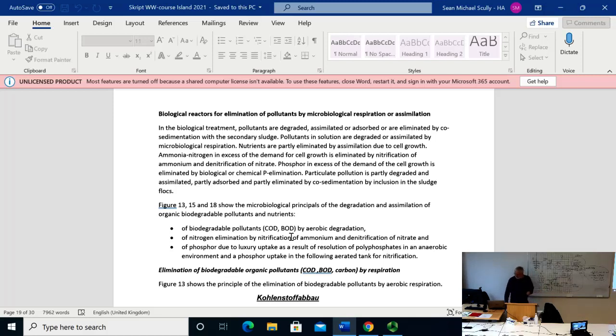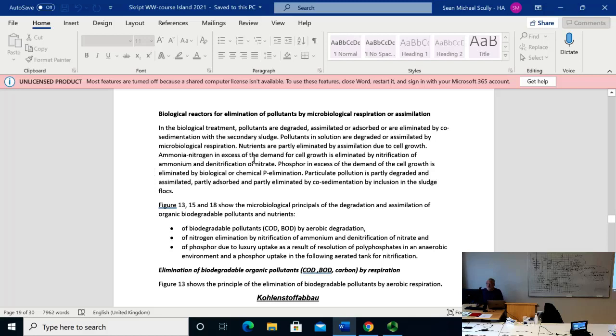Okay, now let's look a little bit at what we have in here. So, in biological treatment, pollutants are degraded, assimilated, absorbed, or eliminated by co-sedimentation with a secondary sludge. Pollutants in solution are degraded or assimilated by microbiological respiration. Nutrients are partly eliminated by assimilation due to cell growth.